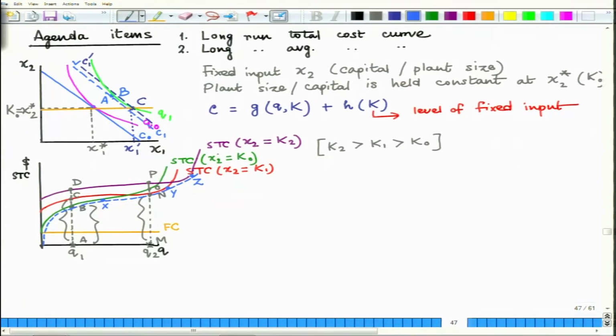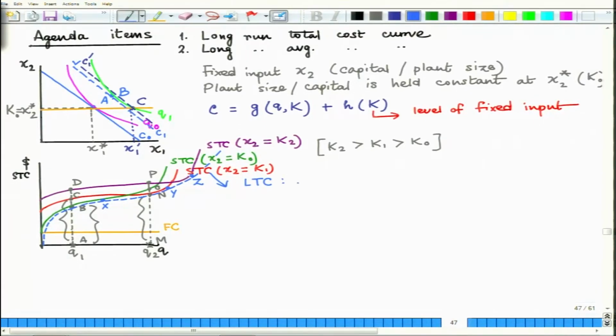So this blue line, which is this broken line, is basically a lower envelope of the short run total cost curves, and that is basically my long run total cost curve.